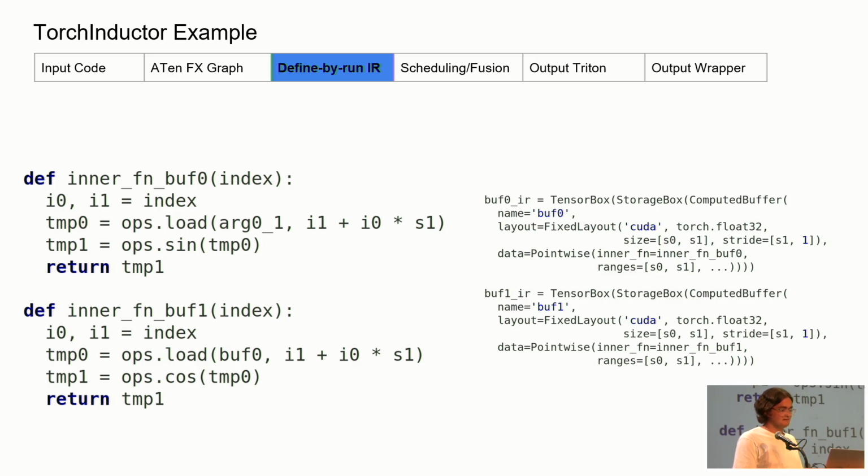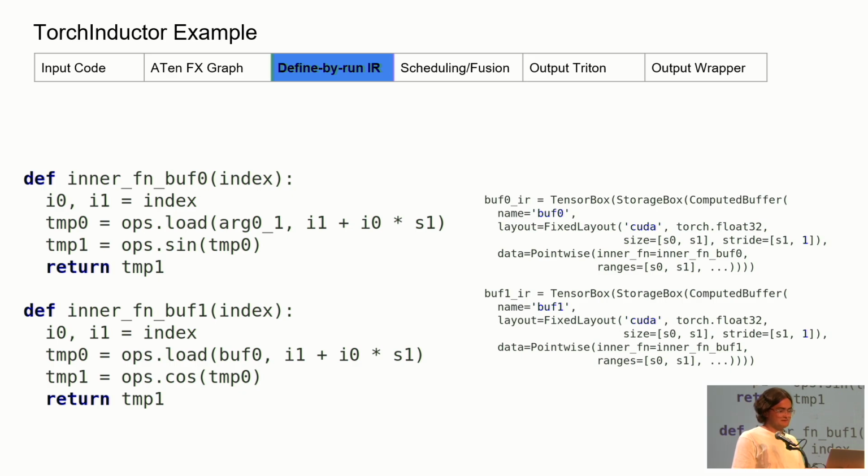There are three main IR classes that TorchInductor will handle: pointwise, reductions, and scatter operations. One thing to note about TorchInductor is that we don't try to natively compute matmuls or convs in our IR. We have a separate lowering phase for that, so we do compute-heavy operators not through this lowering stage.